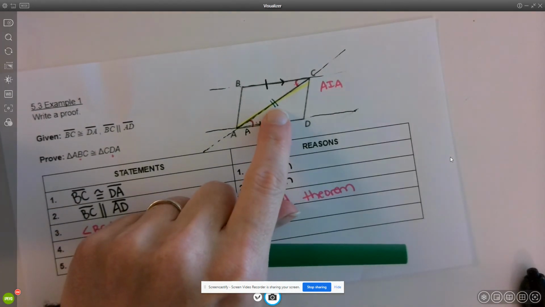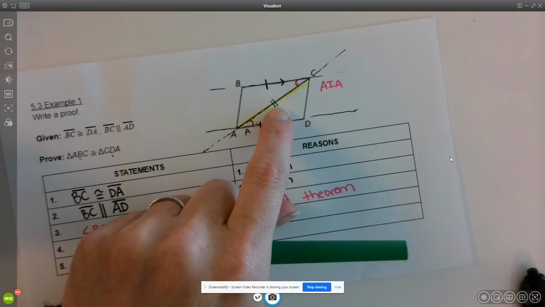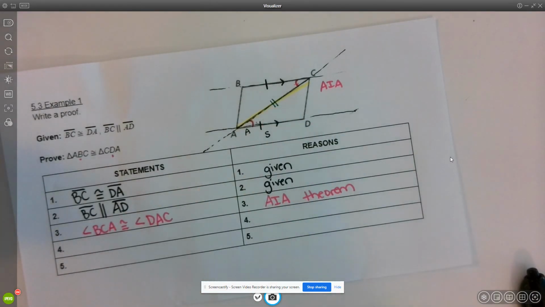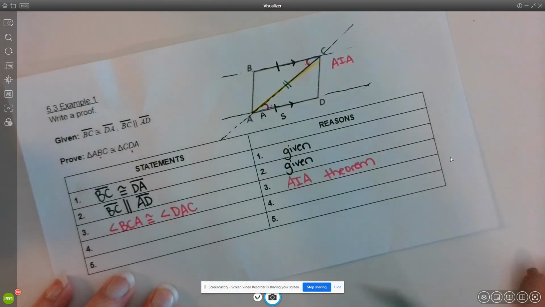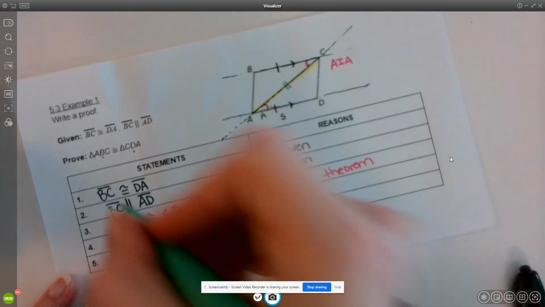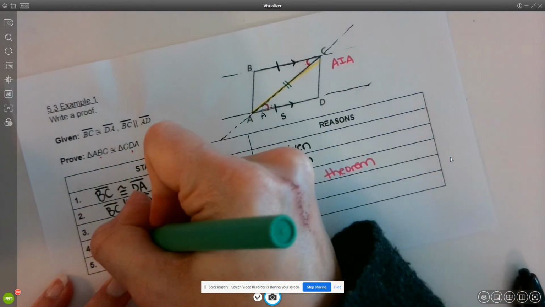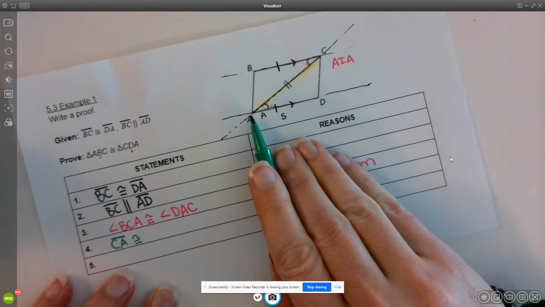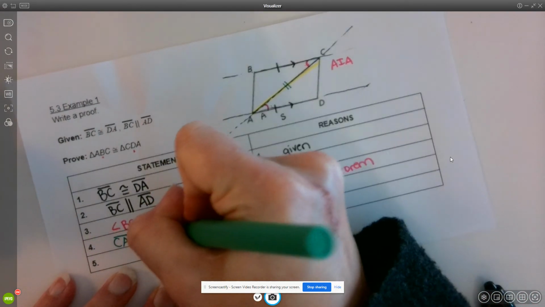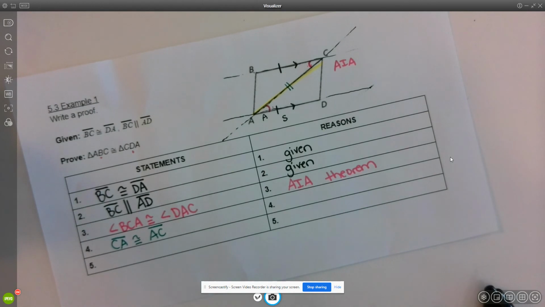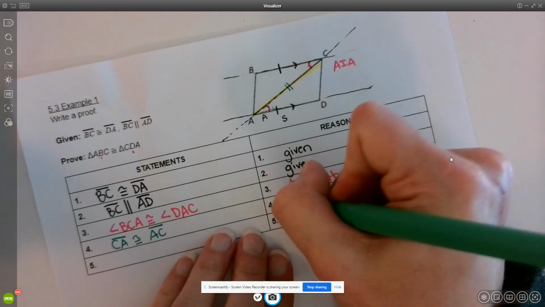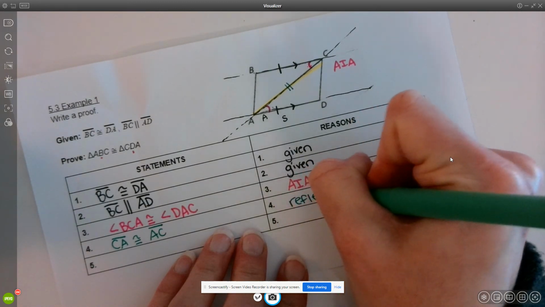And so I know that they have another pair of congruent sides. So let's put that in our proof. Line segment CA is congruent to line segment AC. And that property that says something is congruent to itself is the reflexive property.